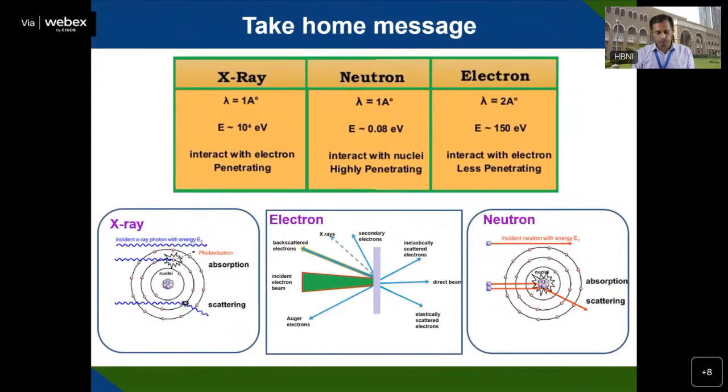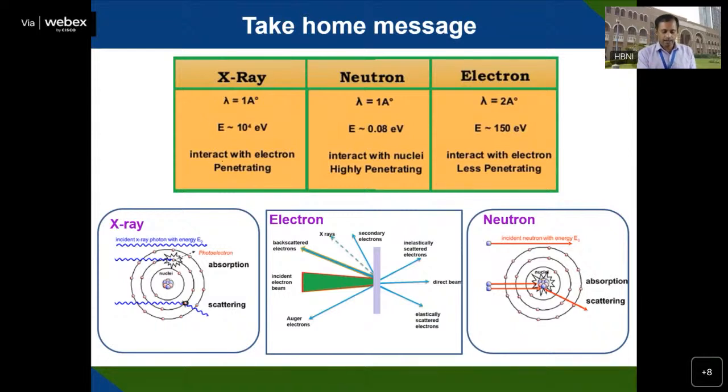In today's lecture, we mainly discussed how X-rays, neutrons, and electrons interact with matter. X-ray wavelength is quite low, about 1 angstrom, and neutron is also almost 1 angstrom. The X-ray energy is quite high, 10 to the 4 electron volt, whereas the neutron is much lower, about 0.08 to 0.50 electron volt.